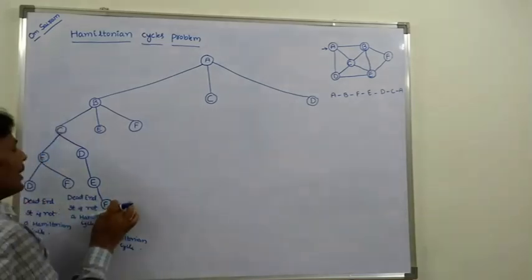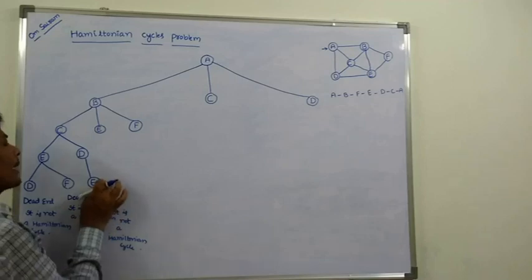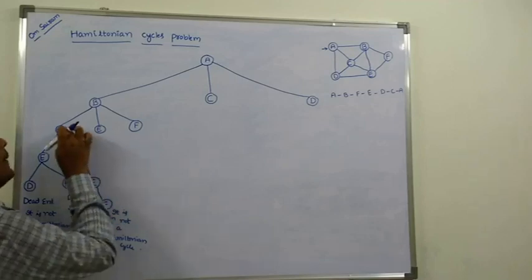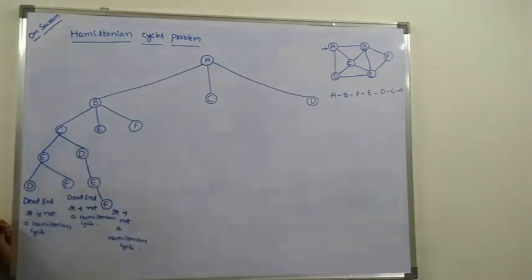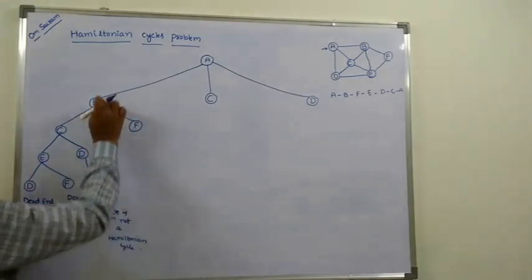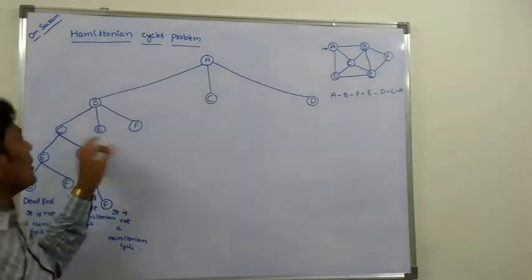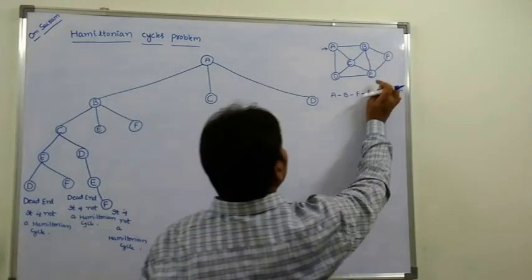Next, again we have to backtrack to E, backtrack to D, backtrack to C, backtrack to B. Next, we go for the second adjacent vertex for vertex B. So what are the adjacent nodes for vertex E?